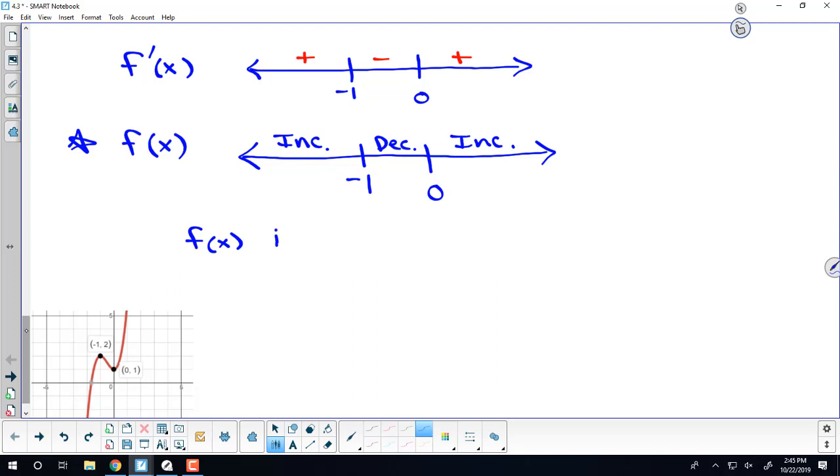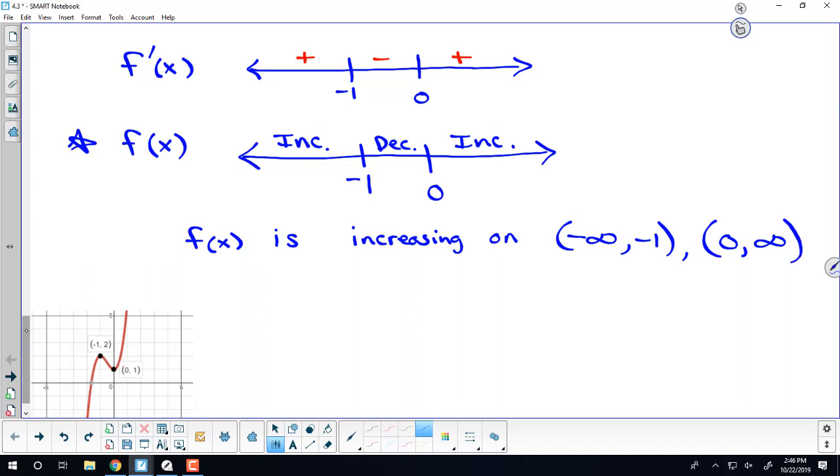F of x is increasing on the interval from negative infinity to negative 1 and from 0 to infinity. And so forth. F of x is decreasing on the interval negative 1 to 0.